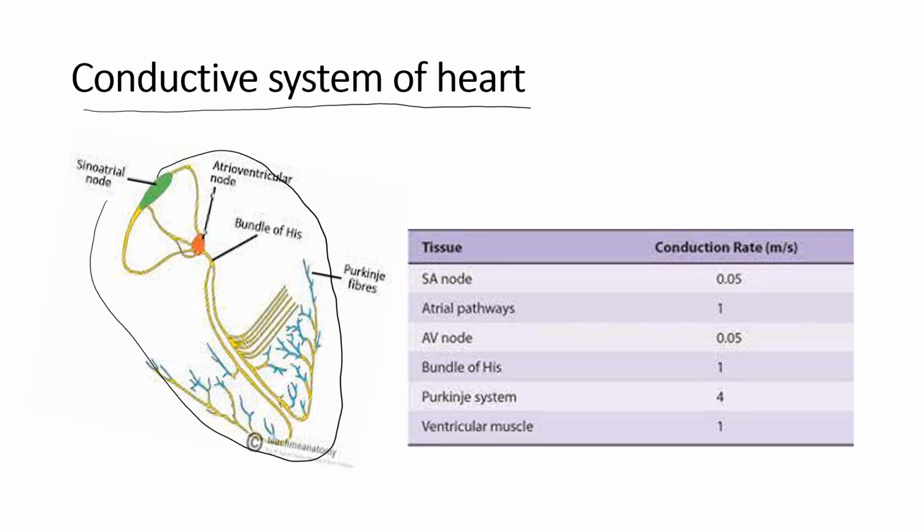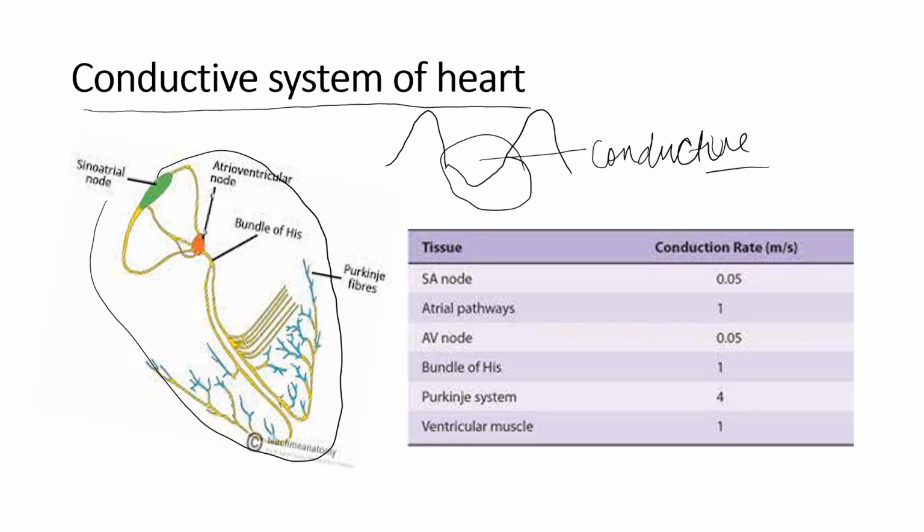Some muscles are specialized in some areas so that they can generate their own rhythm, and once one action potential is generated, they have the property to generate a second action potential, and because of this property they are able to excite the tissue again. That is the conductive tissue, the specialized tissue of the heart that we will be talking about here.